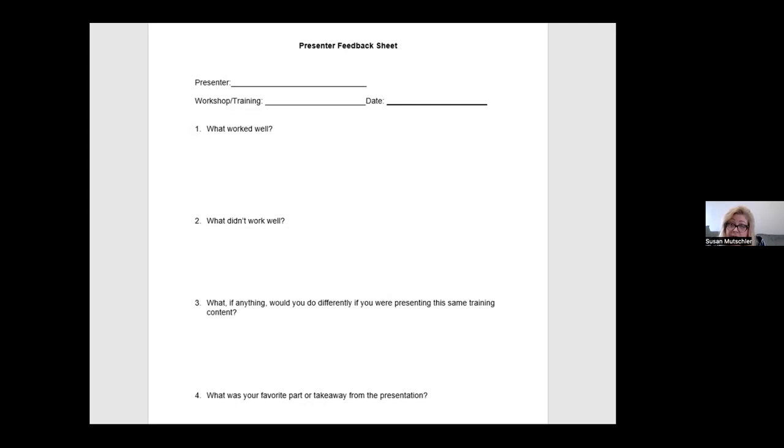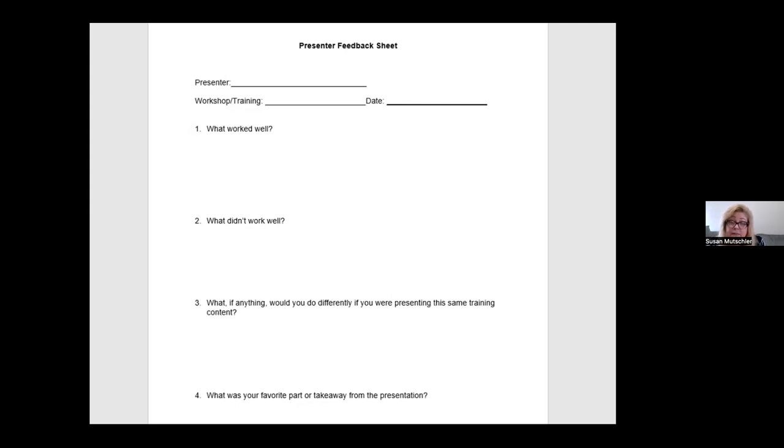It is a Word document that you can write in. It would be great if we would give this to each of the participants who presented. It can be anonymous. You don't have to put your name on it. I will fill one out for everybody. I will fill one out like I'm doing a Pro Literacy observation for you.